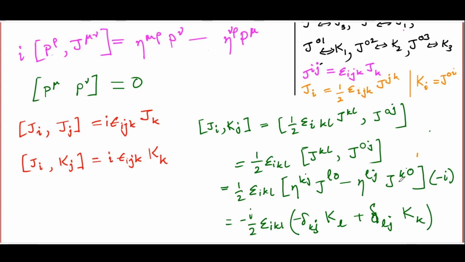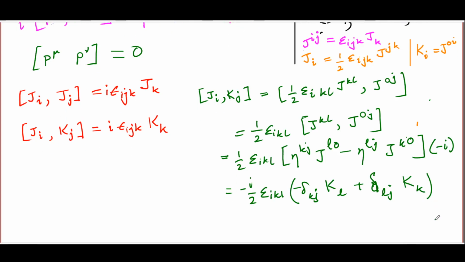The plus sign comes because of the minus sign which you get from jk0 being minus capital Kk.